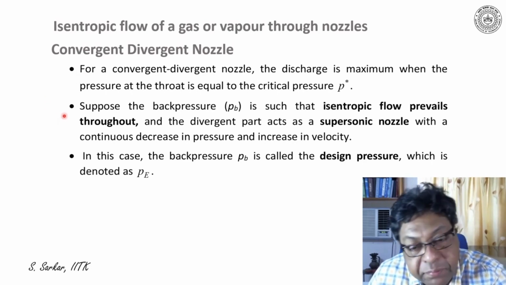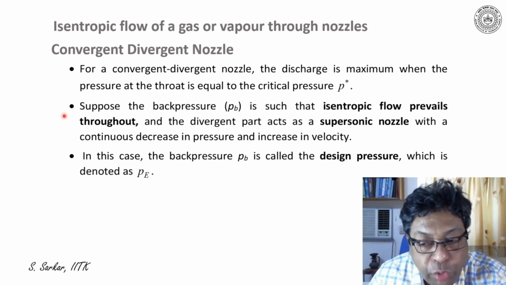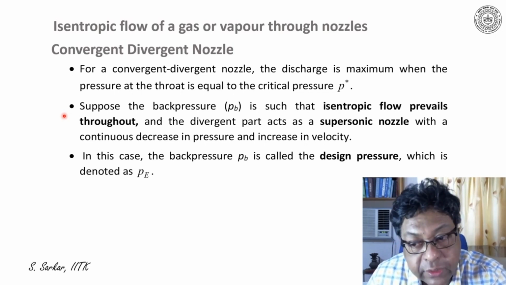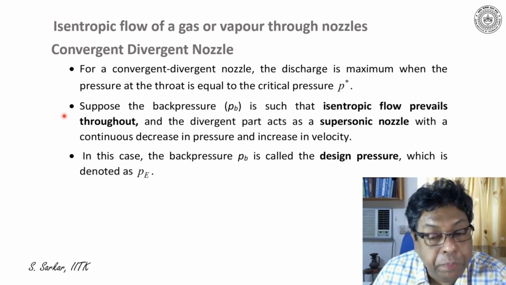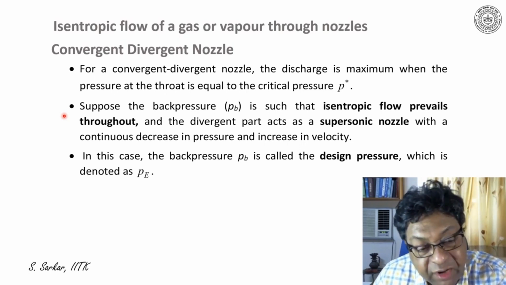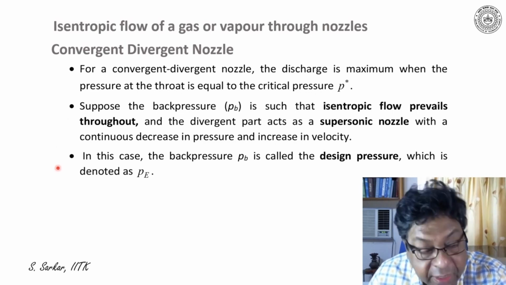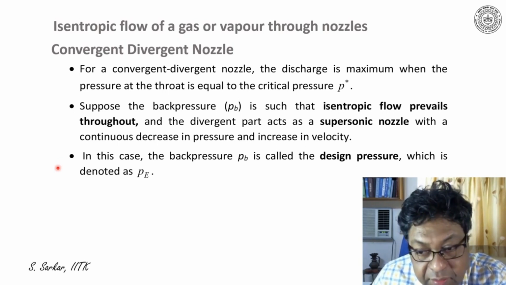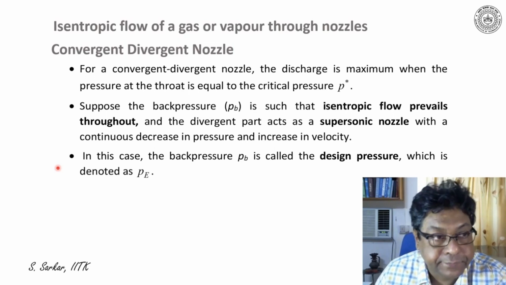Suppose the back pressure PB is such that the isentropic flow prevails throughout and the divergent part acts as a supersonic nozzle with a continual decrease of pressure and increase of velocity. In such a case, the back pressure PB is called the design pressure, which is designated as PE.